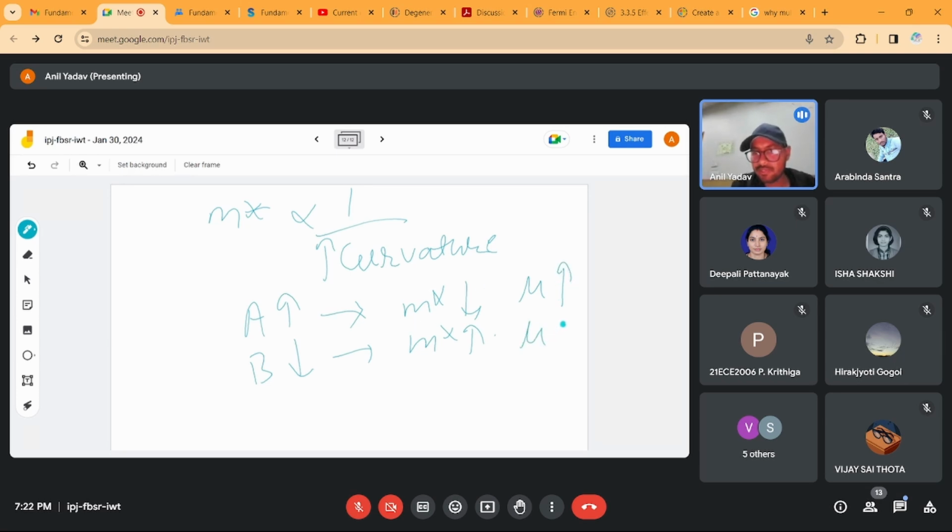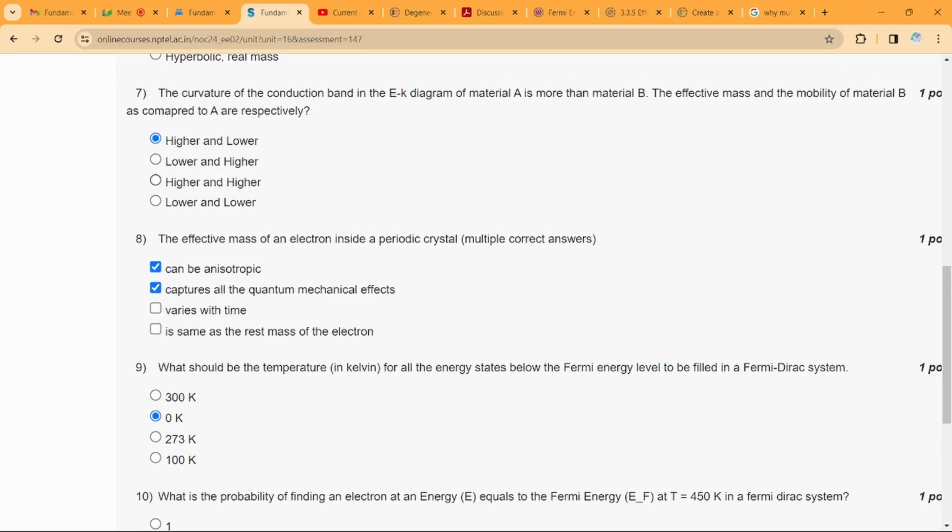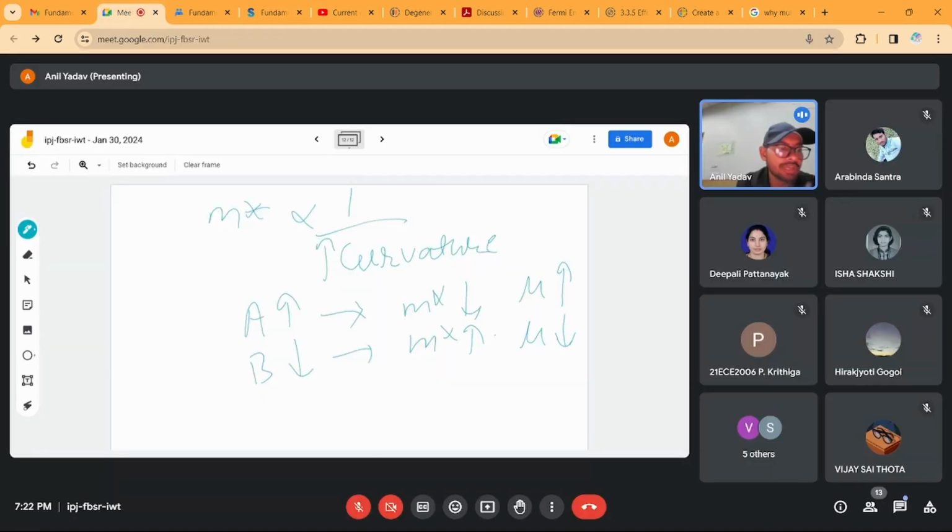In material B, effective mass is higher and mobility is lower. So option A will be correct in this one.